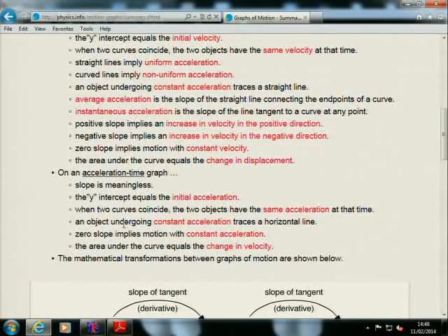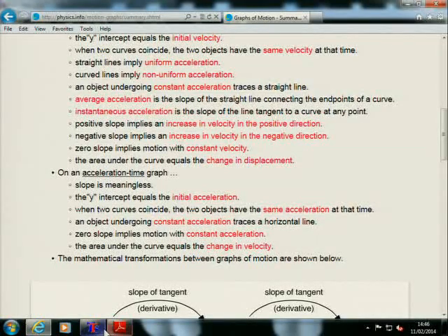If something is undergoing constant acceleration, and remember, we only work with constant acceleration, it will be a horizontal line. And a zero slope means constant acceleration. The area under the curve also gives us change in velocity.